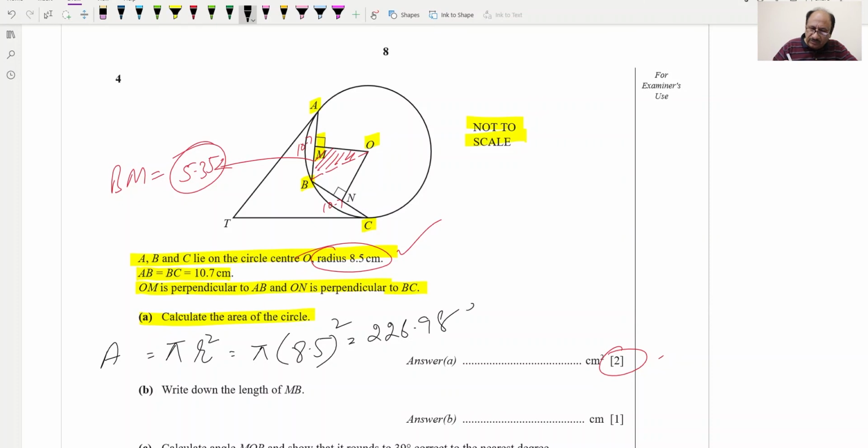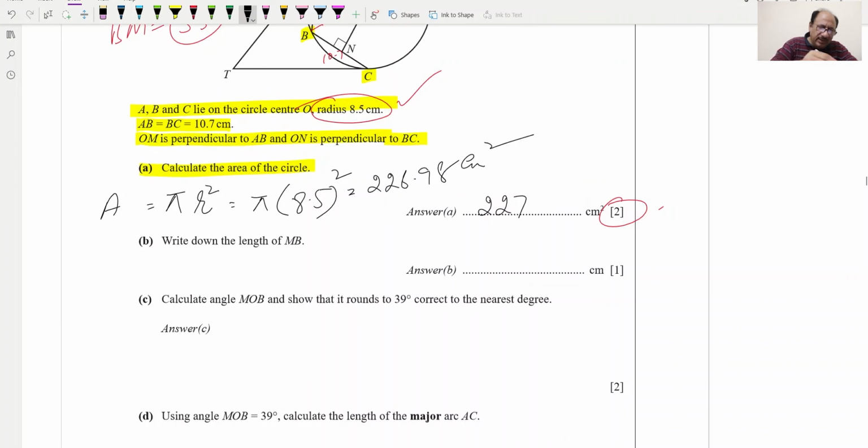This will be centimeter square, so we can write 226.98, or we can round it to the nearest centimeter, so it will be 227.